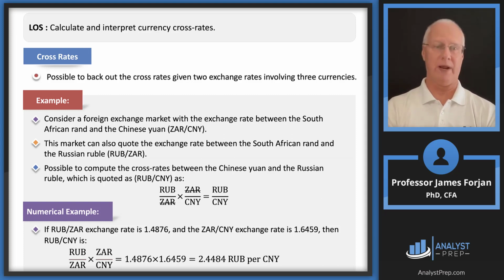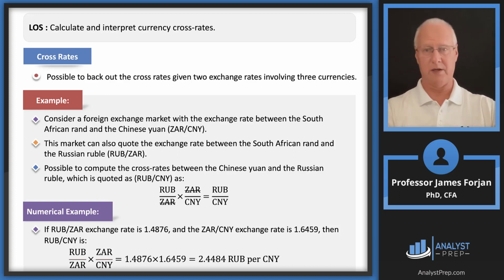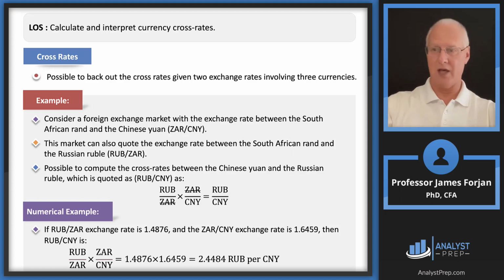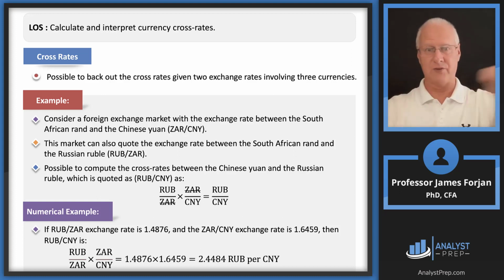So this is what I was saying earlier. Let's start with spot rates. What the Institute does for us is it doesn't waste our time on that one-to-one relationship I was talking about a moment ago. What the Institute does is say the following. Suppose that we have one exchange rate between 2 currencies and another exchange rate between 2 currencies, one of which is identical to the first exchange rate.